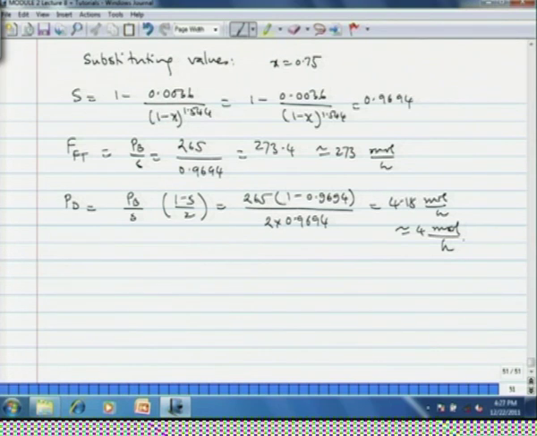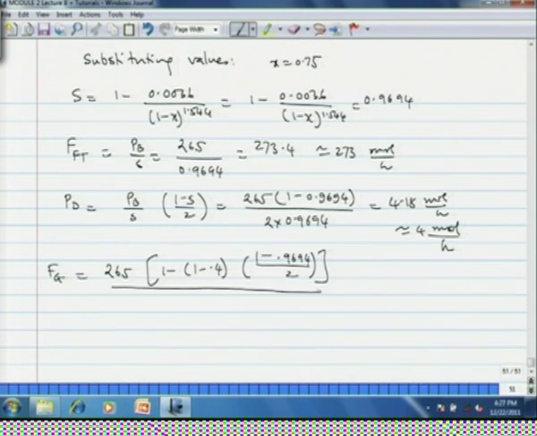Then the makeup gas FG, again we put all values, 265 into (1 minus 0.4) into (1 minus 0.9694) all divided by 2, divided by 0.9694 into (0.95 minus 0.4).